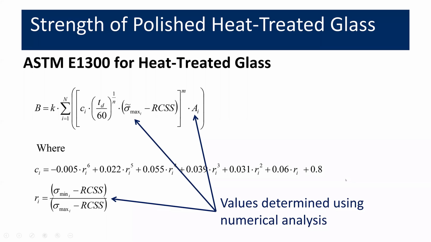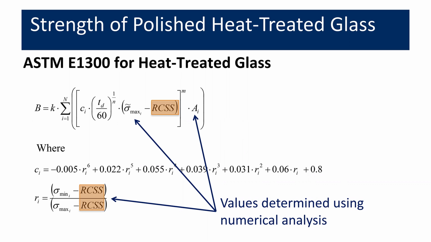In this case, the output from our numerical analysis gets used in these equations with these variables: the maximum principal stresses and the associated tributary area of those. And you can also see that the RCSS is taken into account here.